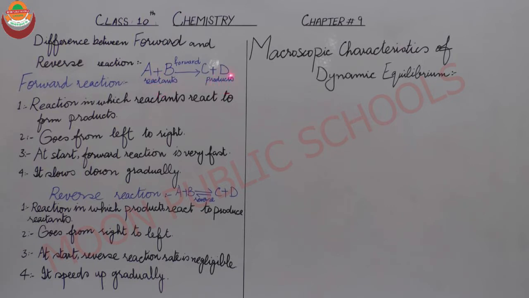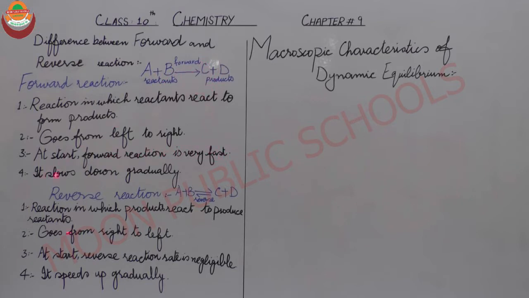At this stage, the rate of forward reaction slows down gradually. But at the beginning of a reaction, the rate of forward reaction is very fast because the concentration of reactants is higher as compared to products, since the reactants are not yet utilized.